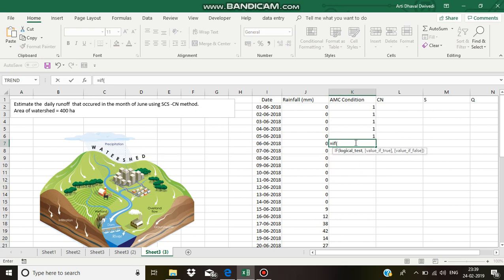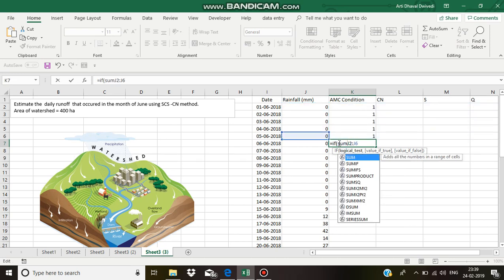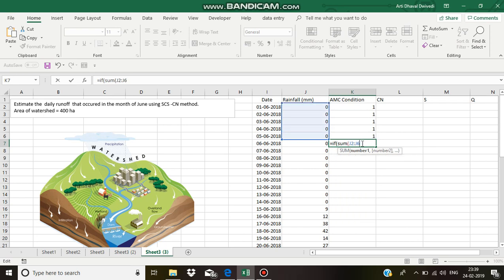So if the total rainfall in the previous 5 days, sum of this to this, is less than 36, then the AMC condition will be 1.